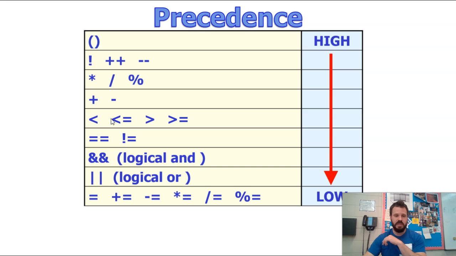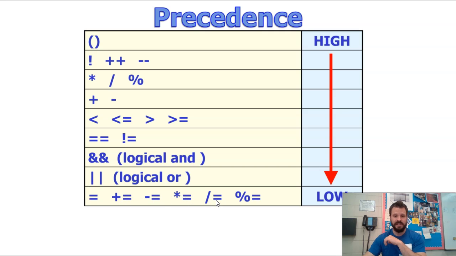Then we get into the comparisons: greater than, less than, is it equal to, is it not equal to. And then comes our logical operators, the and followed by the or.